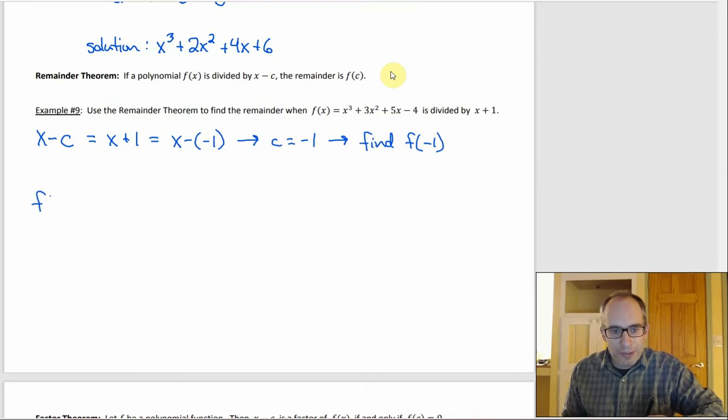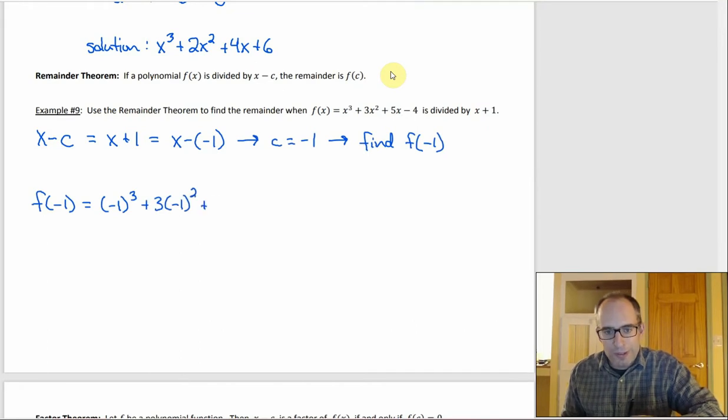So f of negative 1 is going to be negative 1 cubed plus 3 times negative 1 squared plus 5 times negative 1 and then minus 4. So negative 1 cubed is negative 1, and then negative 1 squared is 1, so 3 times 1.